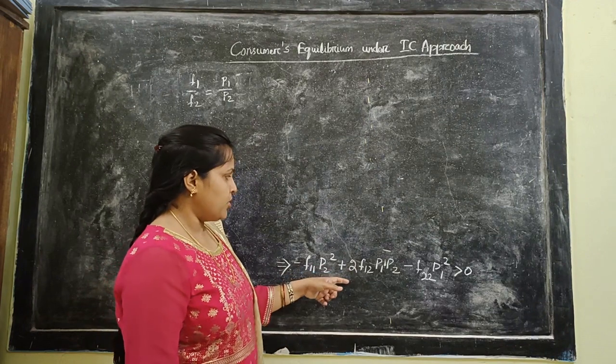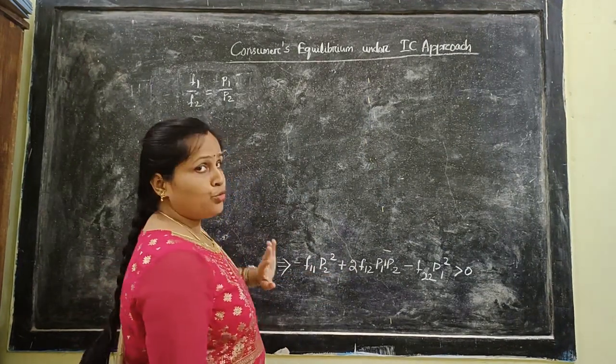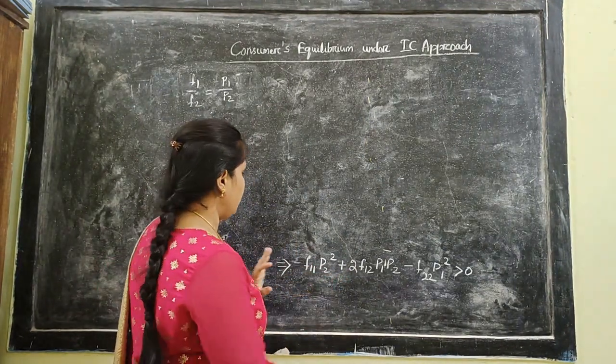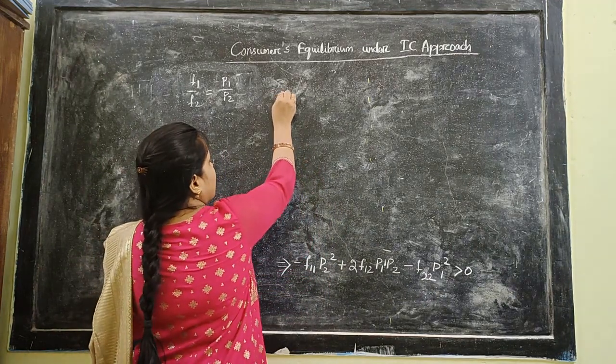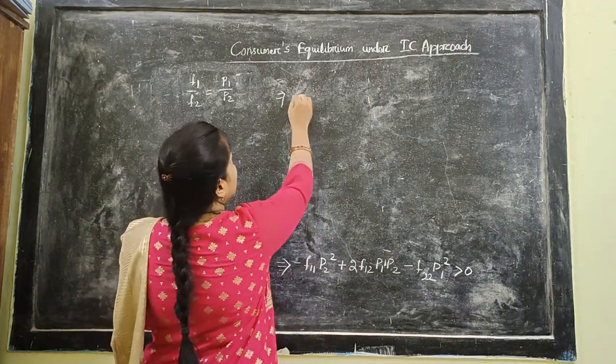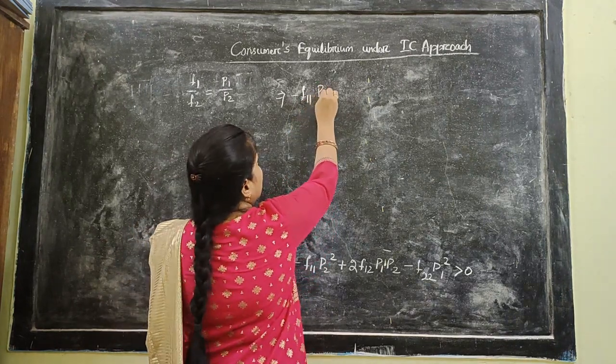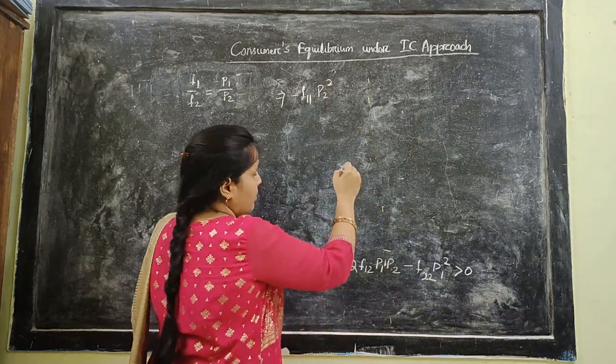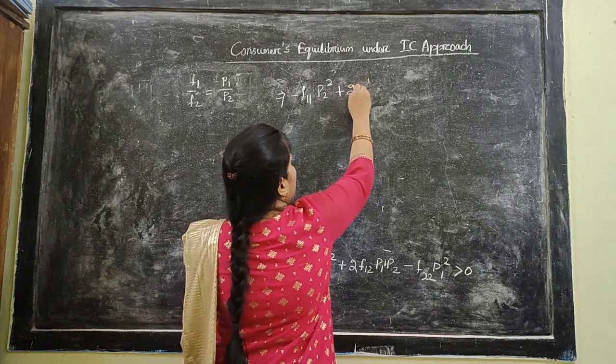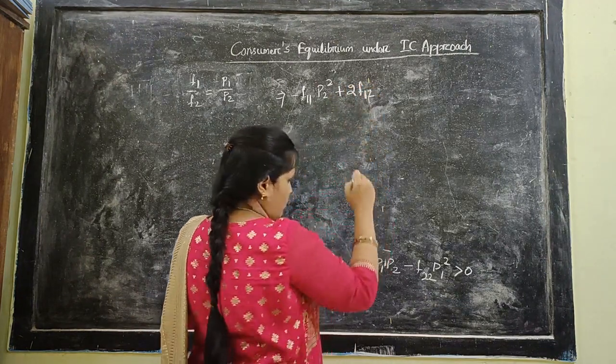Now in this equation, by replacing F1 by F2 equal to P1 by P2, we get minus F11 P2 square plus 2F12.